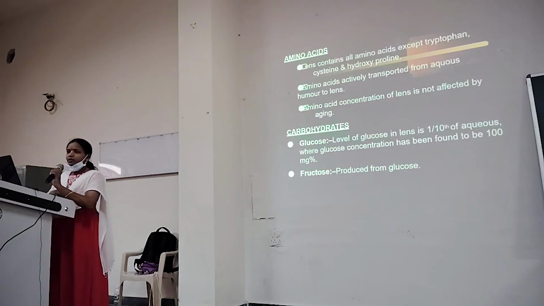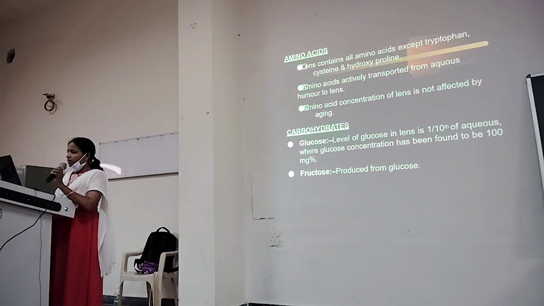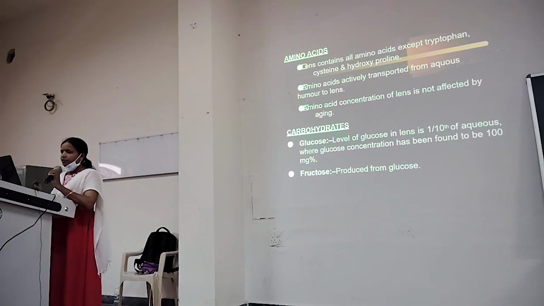So from where does the lens get its proteins? It comes through the lens capsule only, by different transport mechanisms. The lens epithelium and the capsule have different transport mechanisms: the sodium potassium pump and calcium mediated pumps.